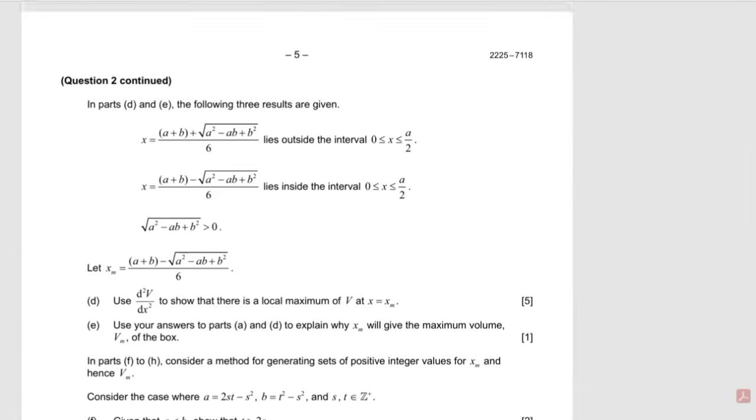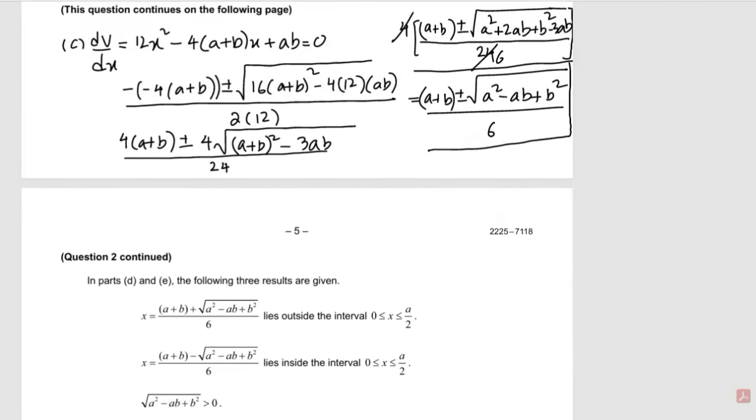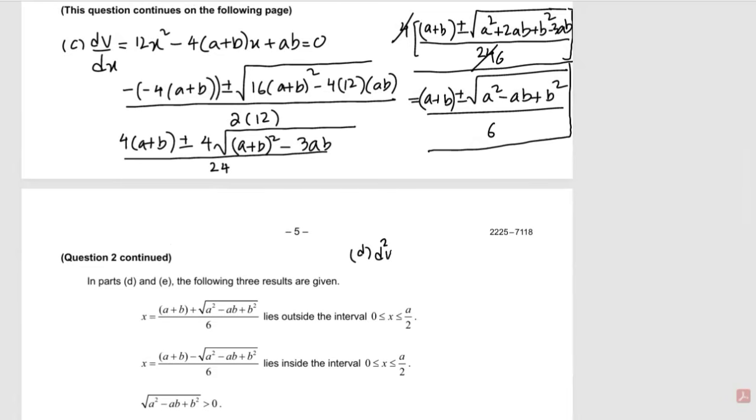So for the local max, I need to re-differentiate my first derivative. For part D, I'm going to differentiate it again, d squared V over dX squared. I'm keeping an eye on my first derivative, which will be 24X minus 4 times (A plus B), right?